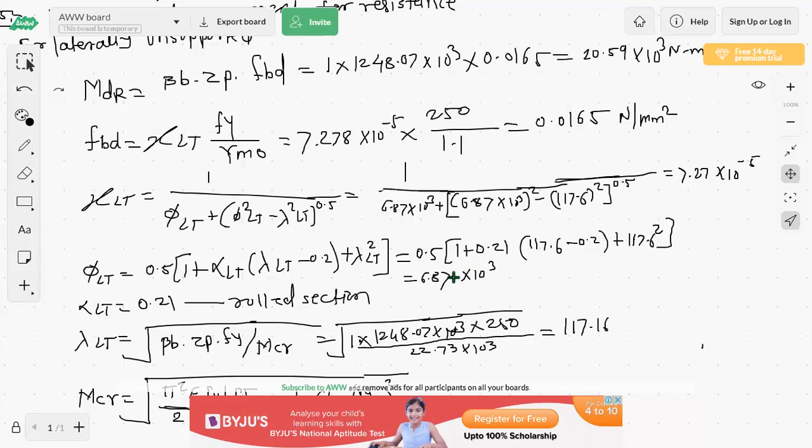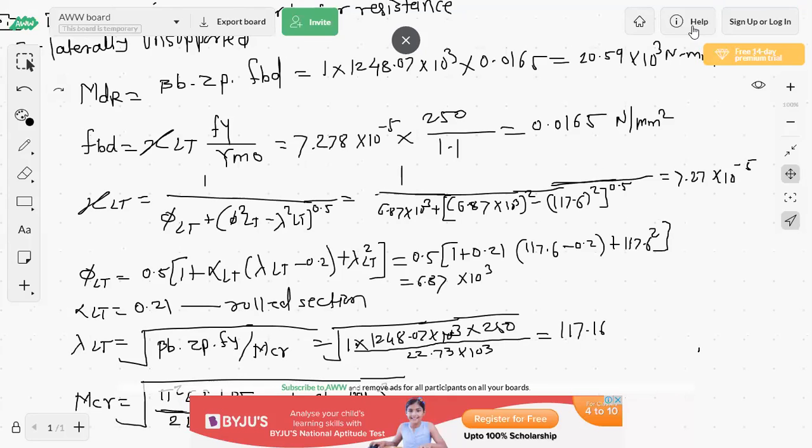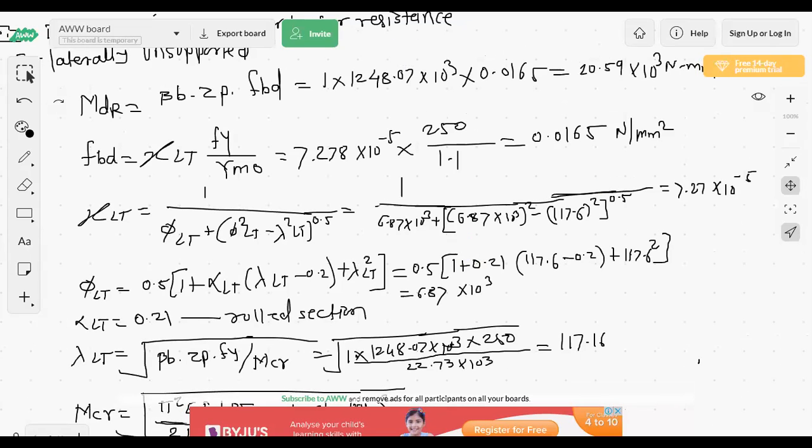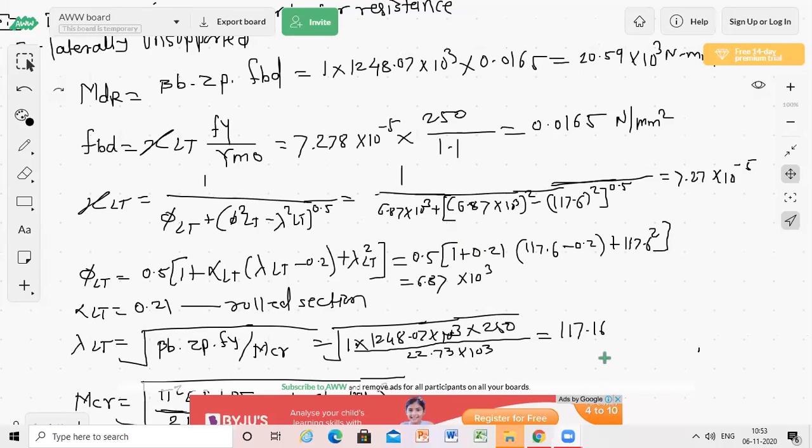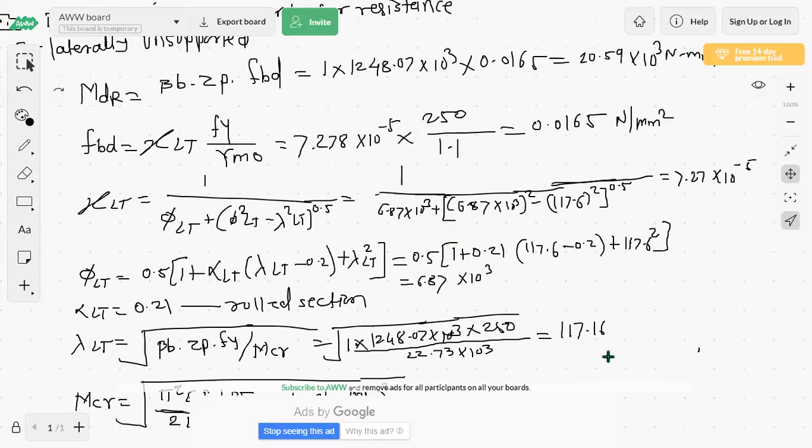Phi LT is equal to 0.5. ओके, करेक्ट आहे का? 580. सो समथिंग वेंट रॉंग. फॉर्म्युले बरोबर आहेत, सगळं बरोबर आहे, मग चुकतंय का?